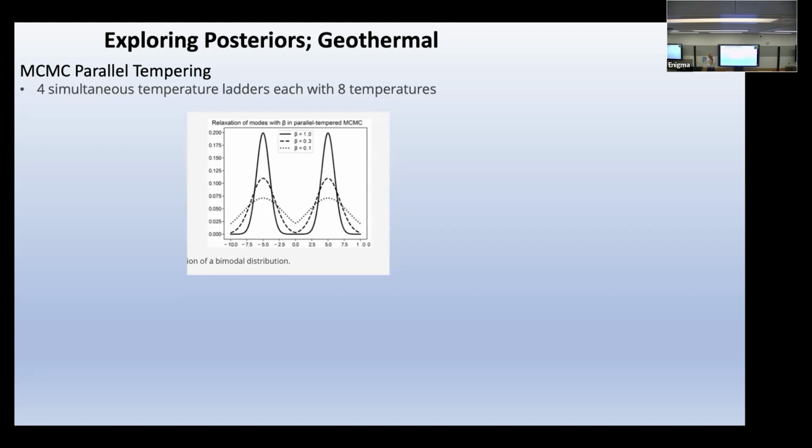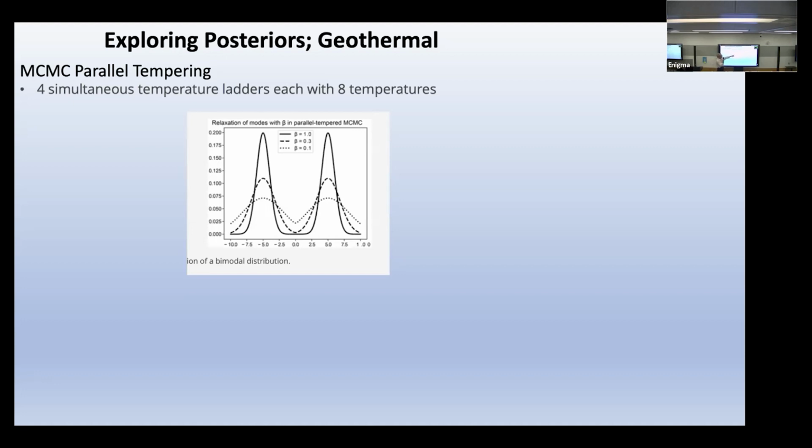So I don't know that this is an audience that I have to explain parallel tempering to, but just in case I do, the whole idea about parallel tempering is you've got multiple chains. They're all converging to different invariant distributions. One of them is converging to the posterior. That's the one where beta corresponds to 1. The other chains are converging to an invariant distribution which is smeared or tempered by comparison to the true posterior.